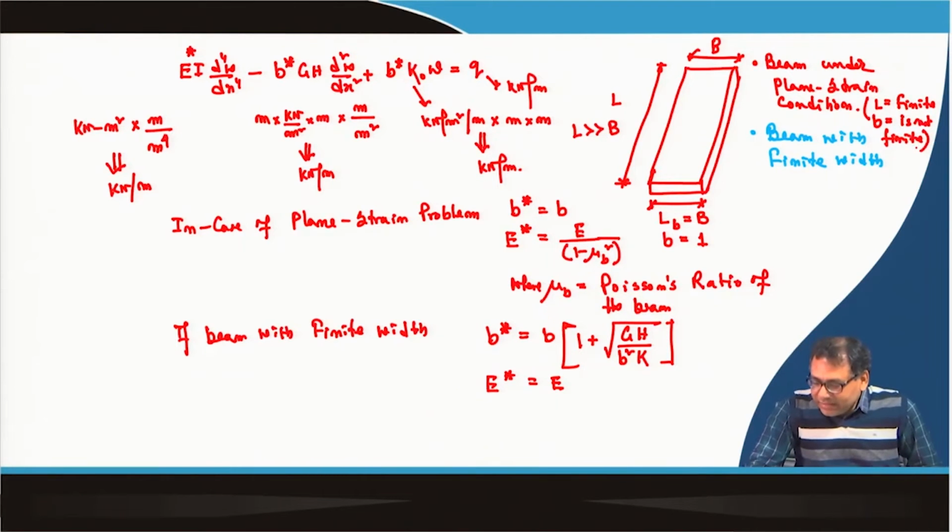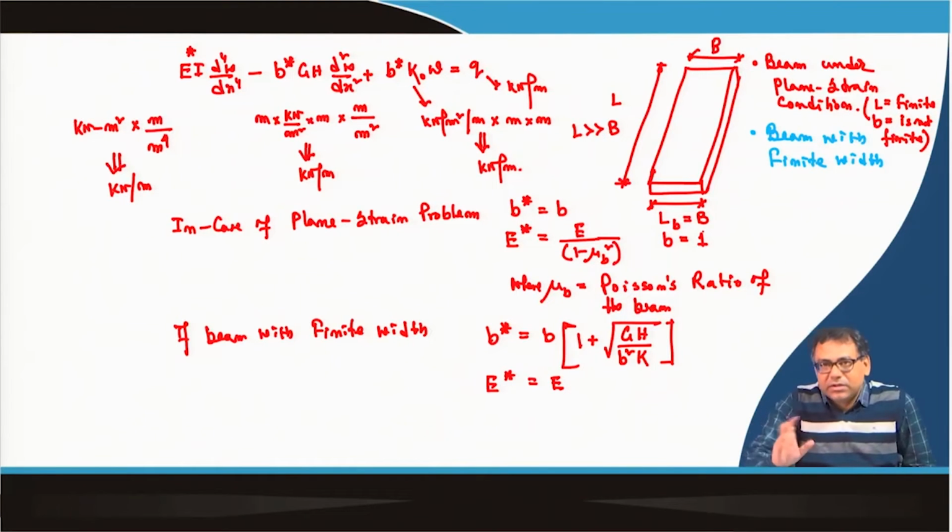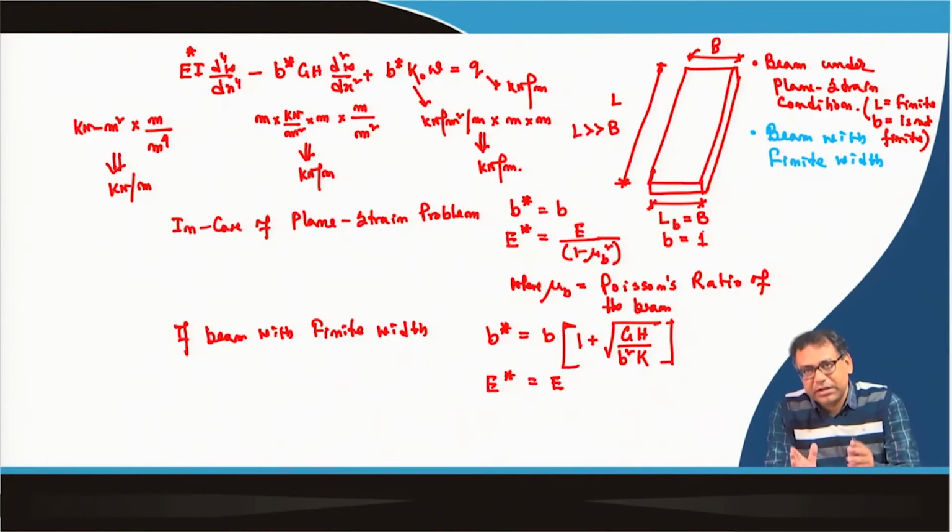Okay? And that is why we have considered during the analysis what B you will consider, because your B is not finite. So, during the analysis, if beam is under plane strain condition, then length will be equal to width of your foundation, that is B, and the B, as it is not a finite length or finite width, we have to consider as unit, that is 1.